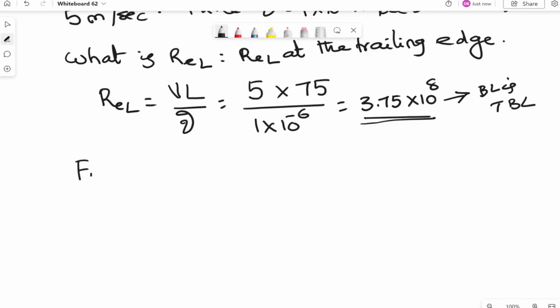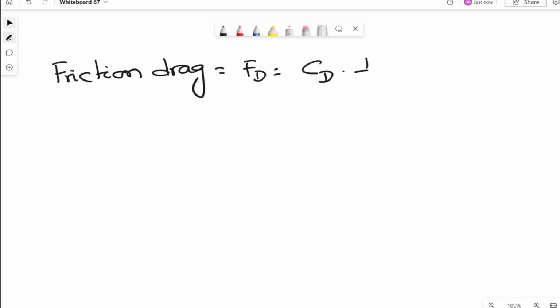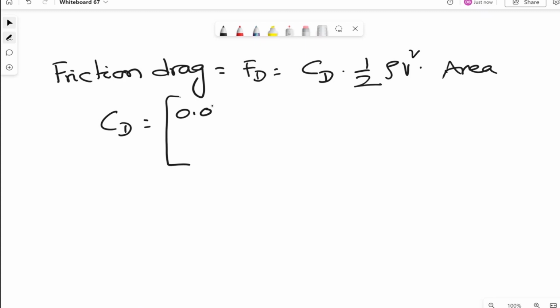In such a case, the friction drag F_D is equal to C_D into half rho V square into area. C_D is equal to, because it is laminar plus turbulent, both are there, the turbulent boundary layer equation first, and then minus 1700 by Re_L.